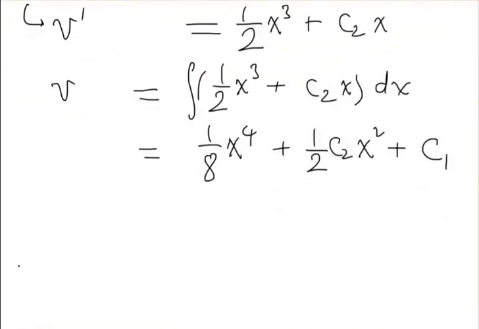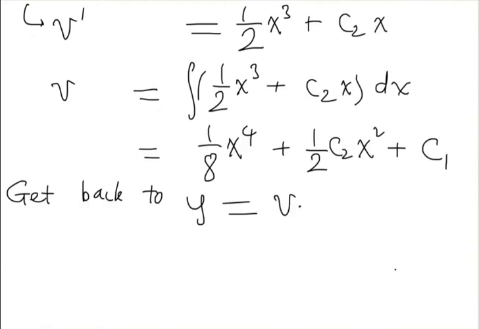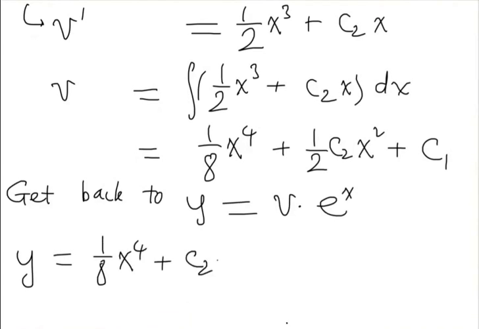Now we have solved for v. Then we get back to our original unknown y, which is v times y1. But recall y1 is e to the x. So we have y equal to 1/8 x to the 4 plus, let me write C2 and 1/2 x squared plus C1 times e to the x.